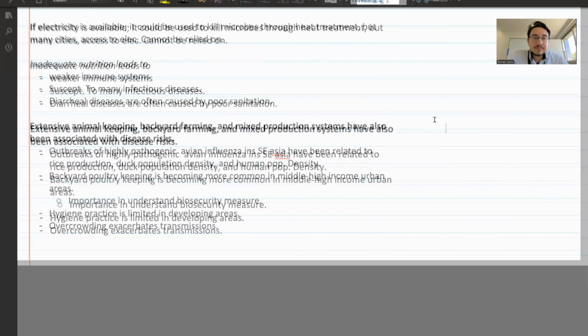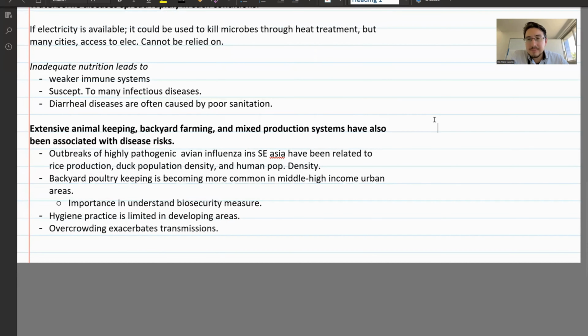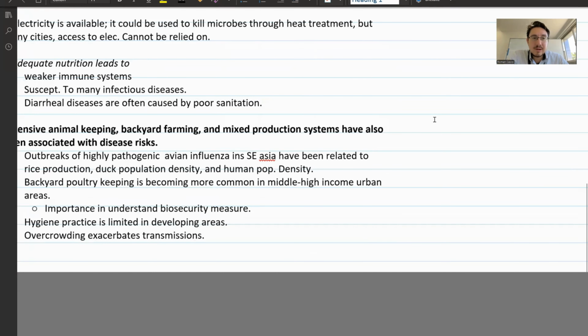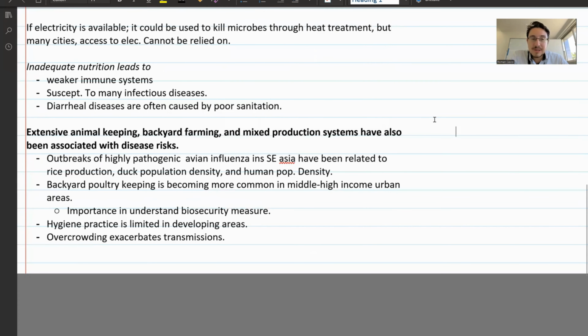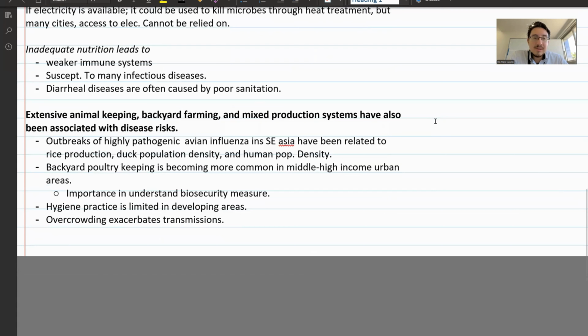Very common is diarrhea, a disease that is caused by poor sanitation. You're getting just a little bacterial infection in your stomach, and you can easily get this disease. Uncooked food, food that is not cooked well.